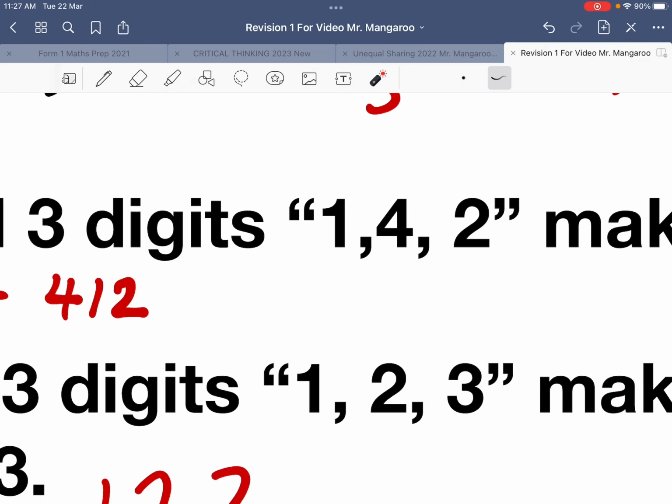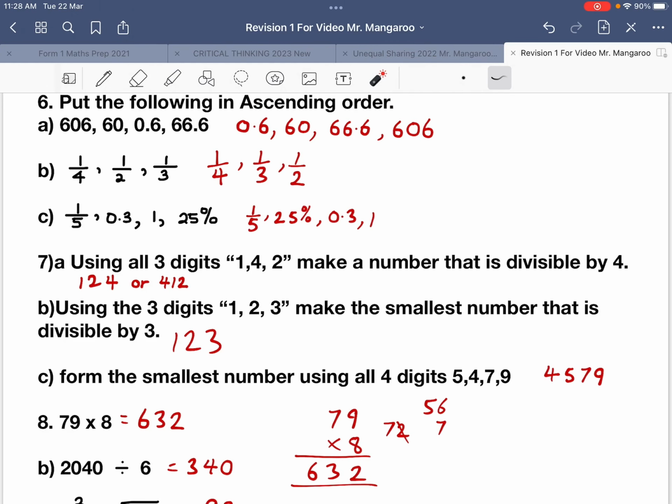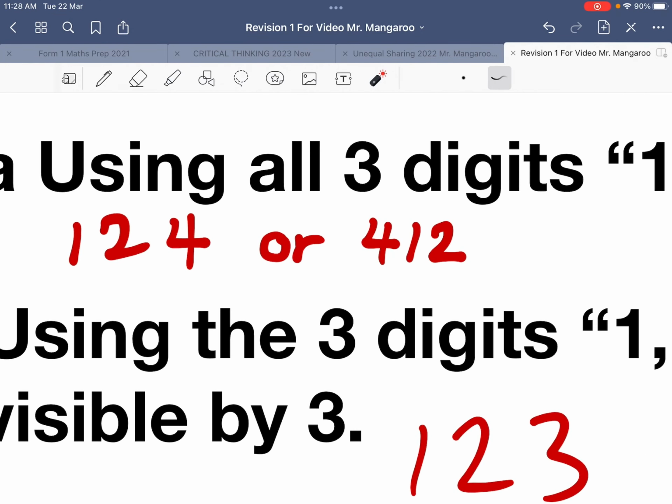We can try all of the numbers. Or we can use one of the rules with divisibility, and we can say once the last digit or last 2 digits is divisible by 4, then the entire number is divisible by 4.